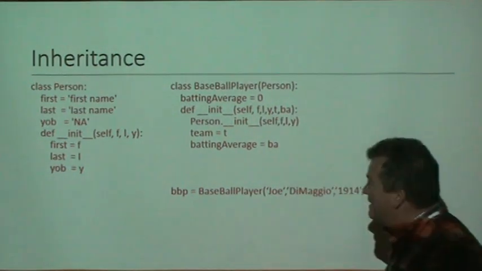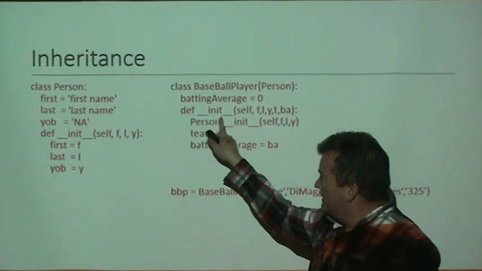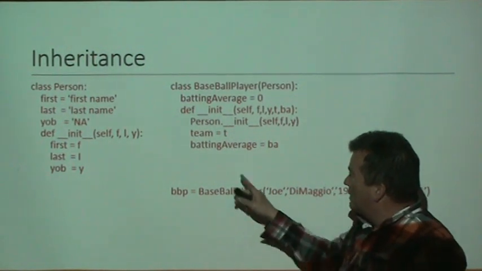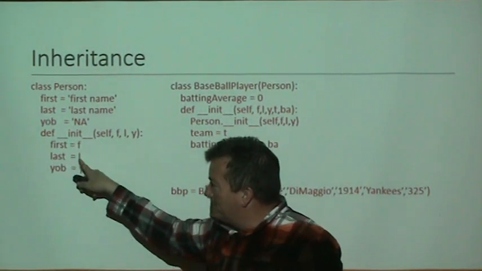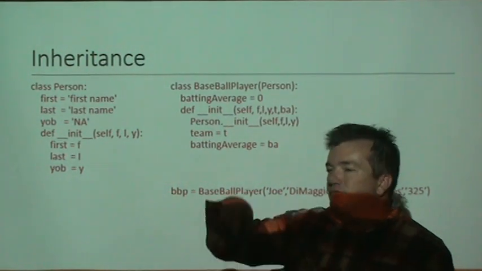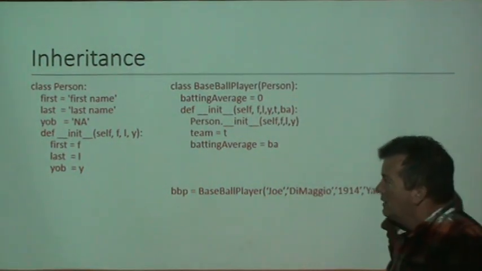That's it. All right. So I have an init function here. If I ever go to create a baseball player, the first thing that I'm going to do is create the person, the first name, the last name, and the year of birth, because that's what a person is. And then after that, I'm going to set that batting average.